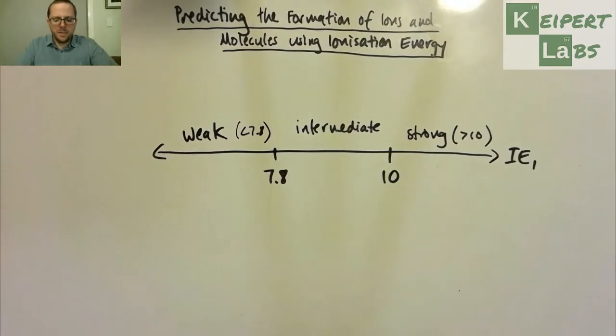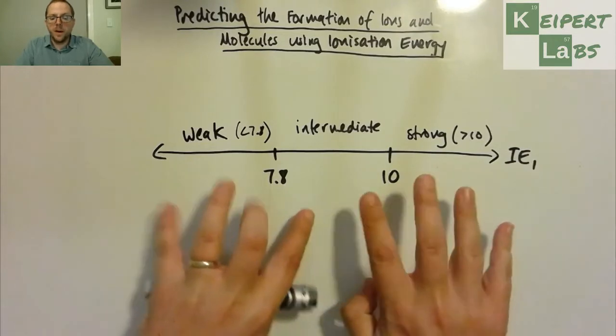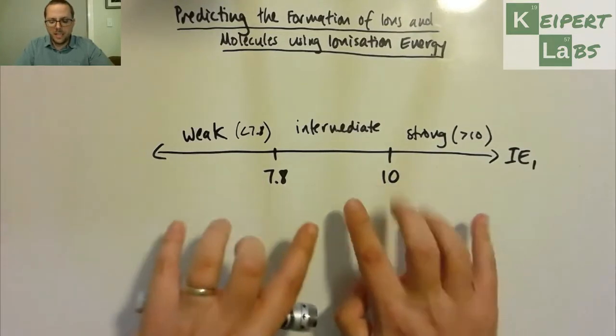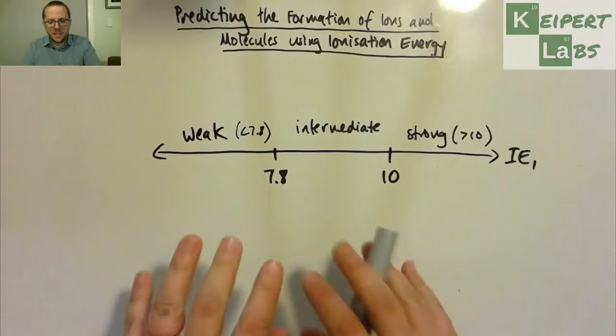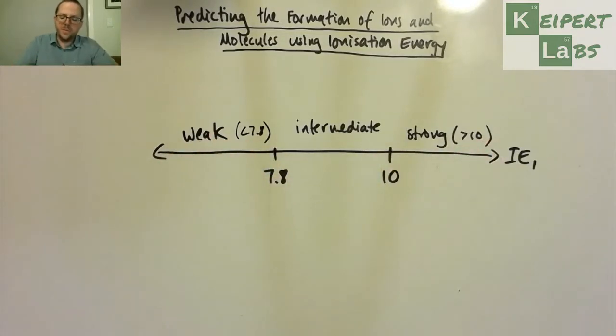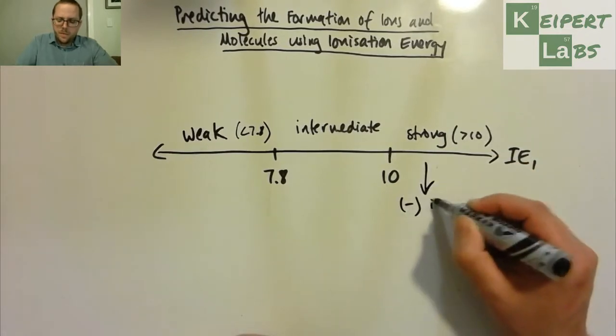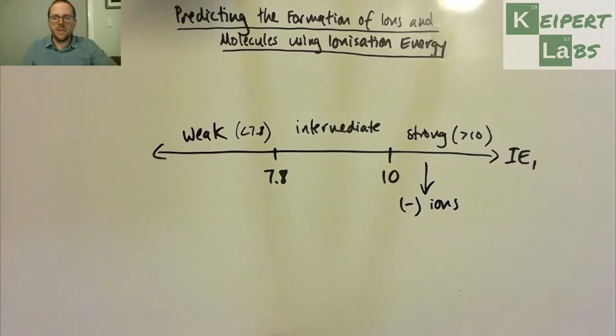Now we're going to look at the elements that are in these three categories. They tend to do different things in terms of forming ions and molecules, and we're going to articulate that so that if an element falls into one of these categories, we can expect what it's going to do. If it's got strong attraction, that element will tend to form negative ions.